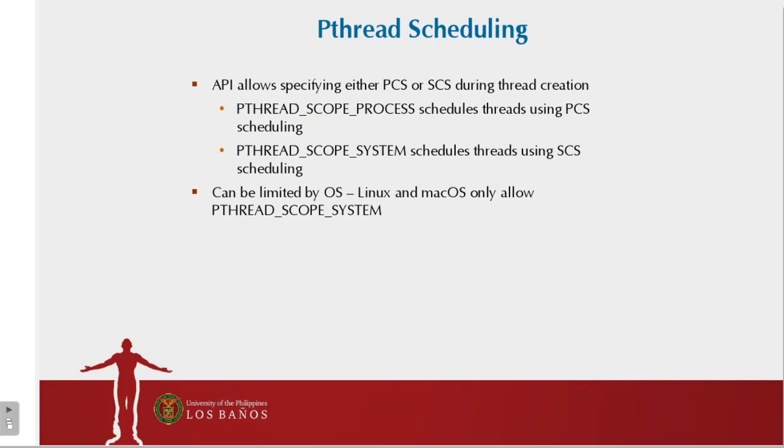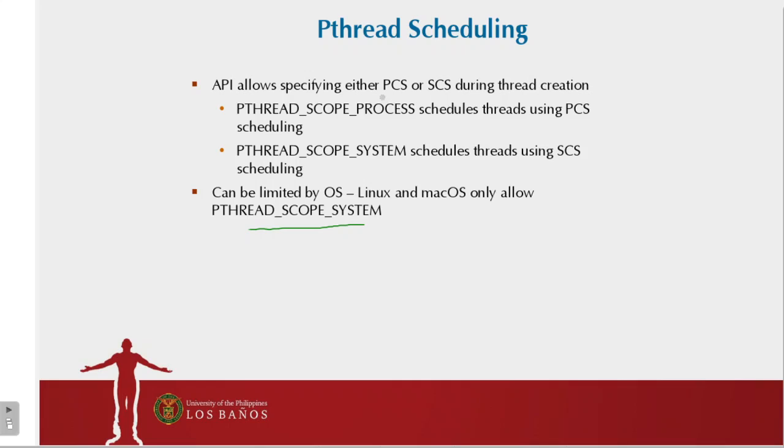And in Linux, it's usually system scope. And pthread provides an API to specify whether to use process contention scope or system contention scope, if the operating system kernel supports it.